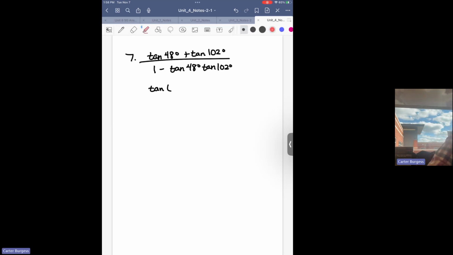Yeah, whatever that numerator plus or minus is going to match the inside of our tangent here. This is in fact going to be tangent of 48 plus 102, which would be tangent of 150.